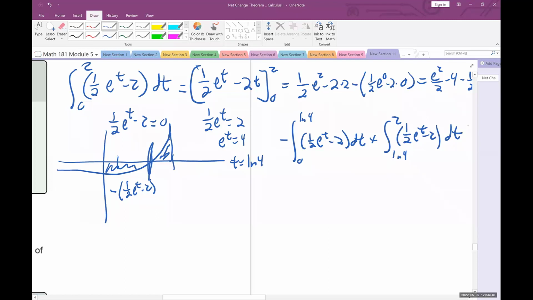Again, two different limits, and then we just evaluate it, but the integral is the same. We've already done this integral once. This is going to be the negative of 1/2 e to the t minus 2t evaluated from 0 to the natural log of 4, plus 1/2 e to the t minus 2t evaluated from natural log of 4 to 2.